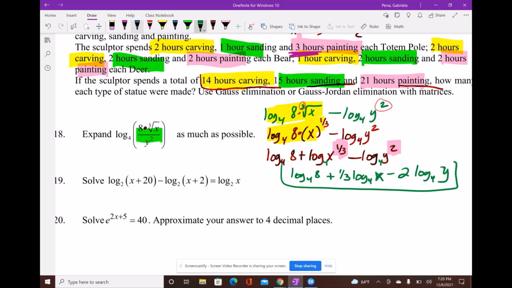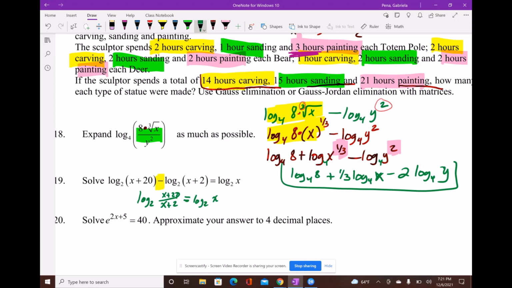So having said that, this subtraction is going to become a what? What is this? This subtraction, what does it mean? Division. Good. So this becomes log base 2 of (x plus 20) over (x plus 2) equals log base 2 of x. When you are solving, the first thing you have to do is condense.